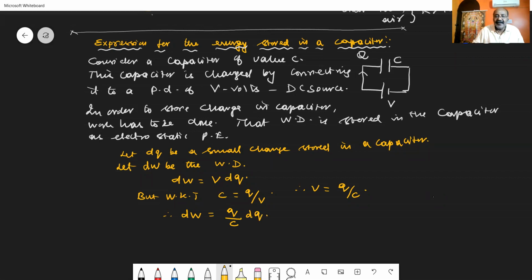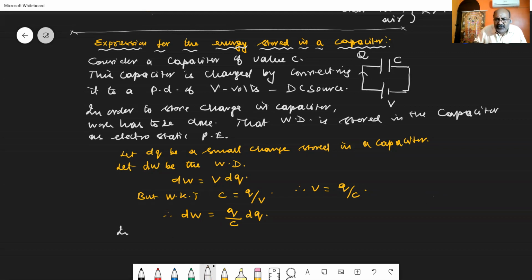This is the small work done in order to store the small charge dq.